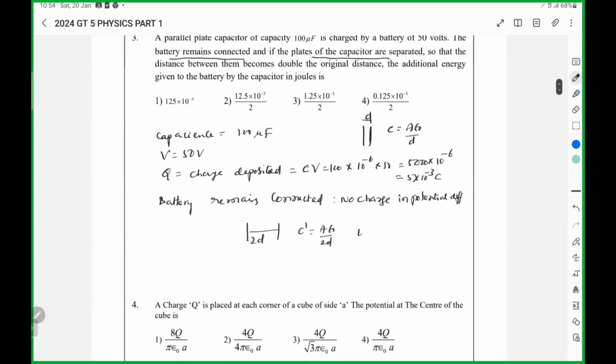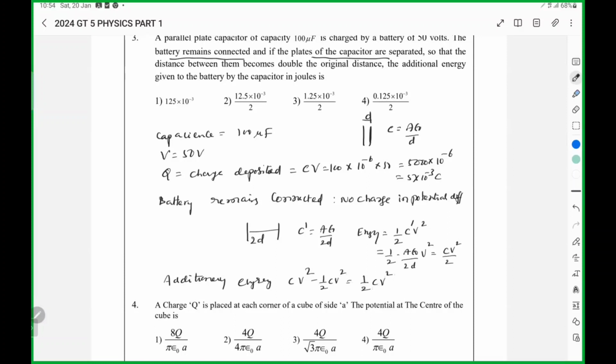So now the energy at present is half CV square. That is A epsilon naught by 2d into V square. This is nothing but the additional energy that has to be given. Half CV square is the energy which has to be given.